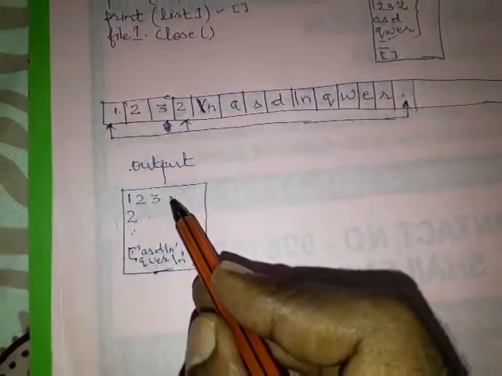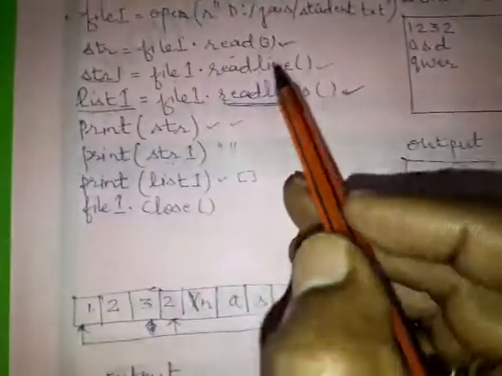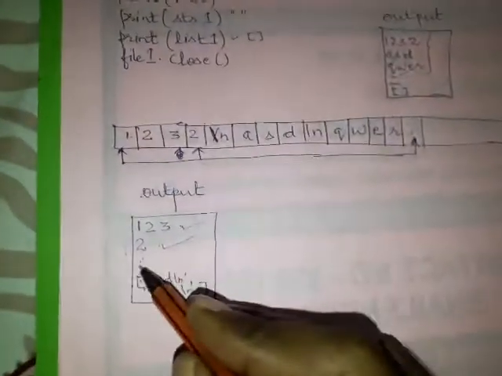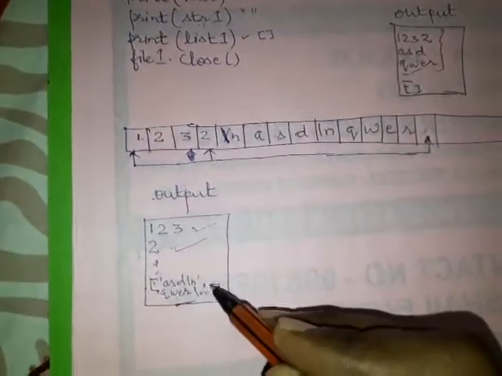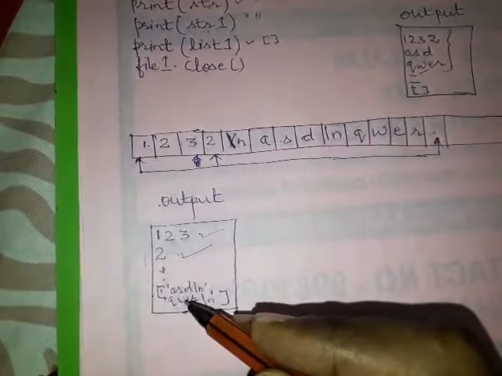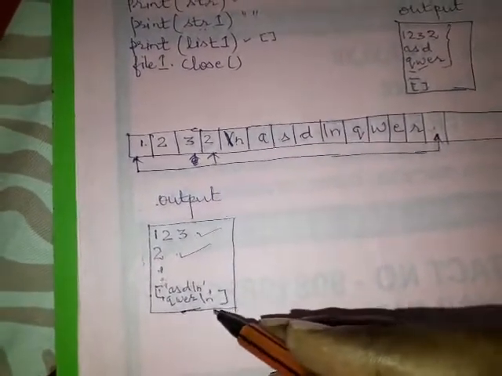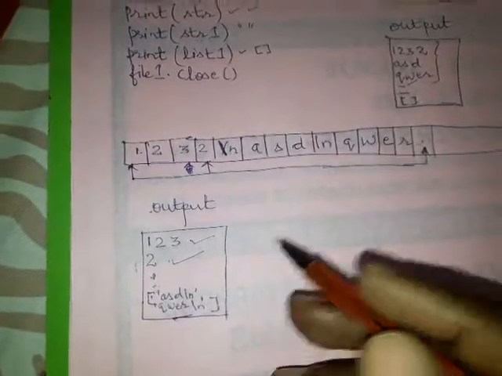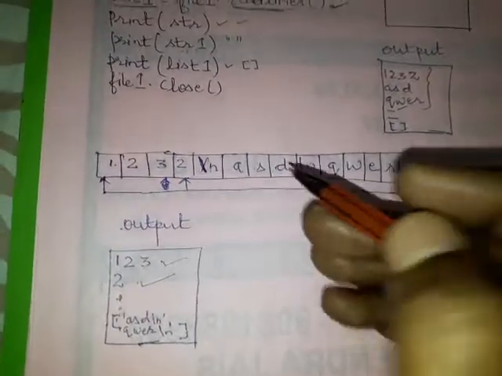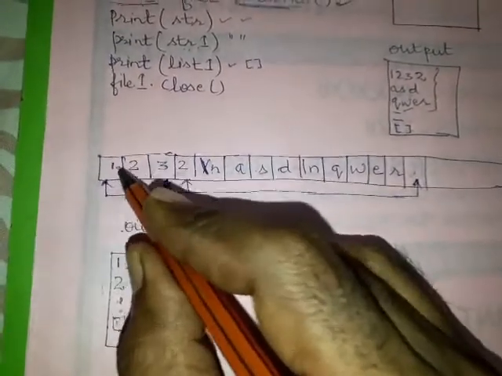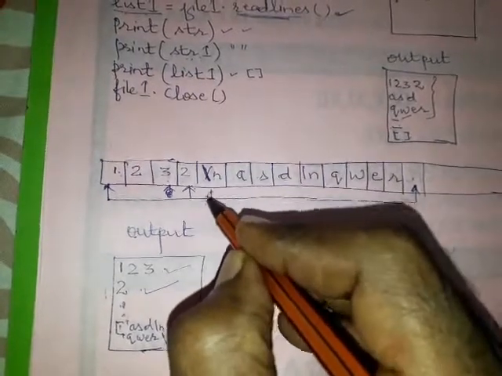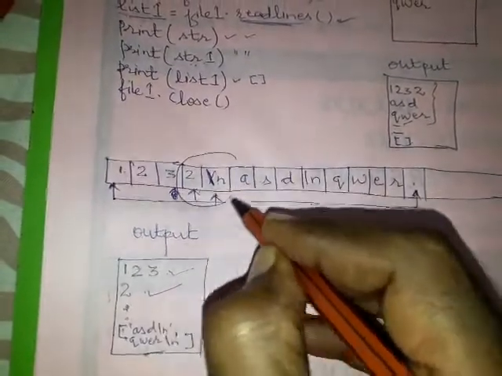Okay, first read will read 3 bytes, then this is a read line, and then after making a space it will give the list of remaining items, ASD and QWER in the form of list. So by this way the file pointer will work. First read will read 1, 2, 3 bytes, then a read line will read both these items because both 2 and \n are in the line.